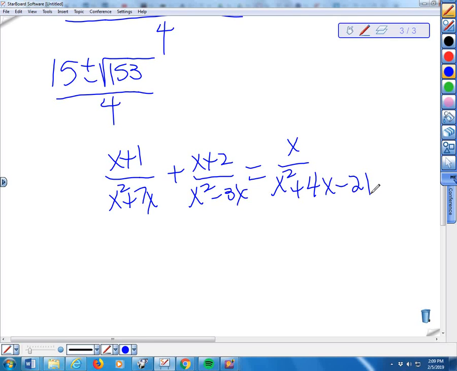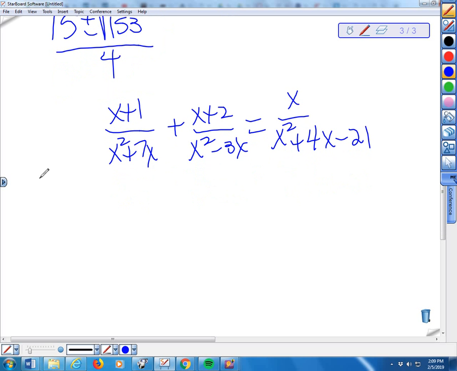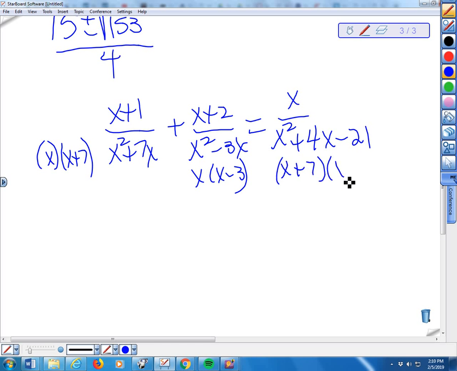So the easiest way to figure out what the common denominator needs to be is just to factor. So my common denominator is x times x plus 7 times x minus 3.